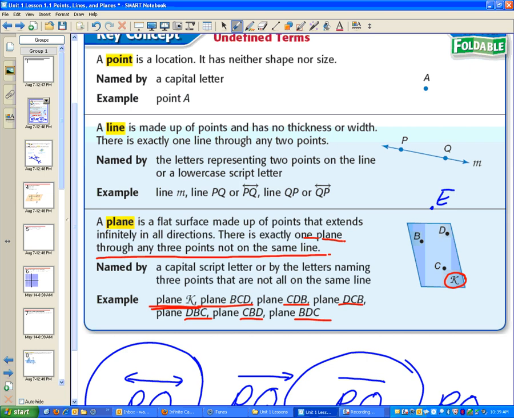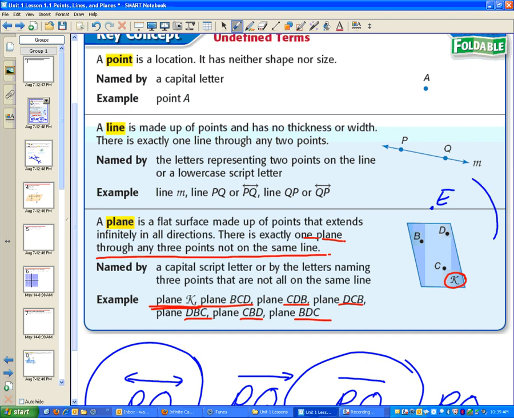Now you might think to yourself, yeah, but you already said that planes actually go on forever, and if you just drew the boundaries of plane K a little bit further up, E would be on there. Well, you're right, because it's impossible to draw non-coplanar objects on a flat piece of paper.